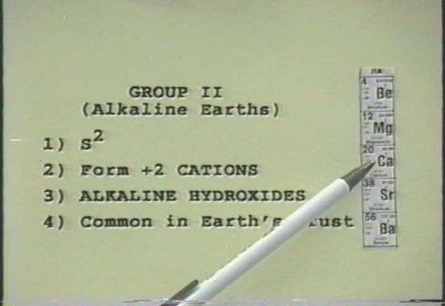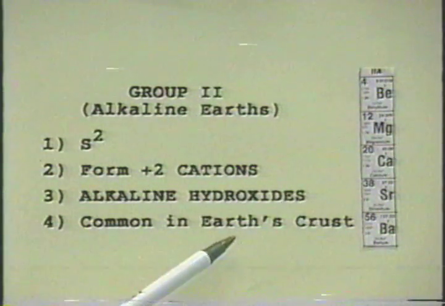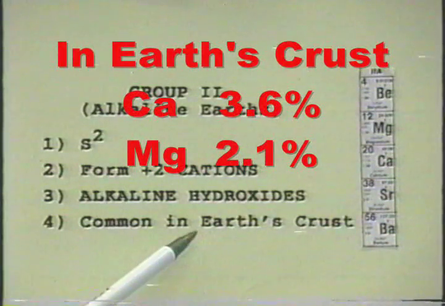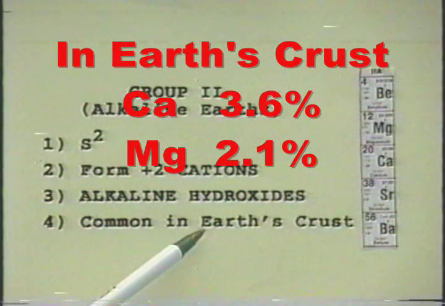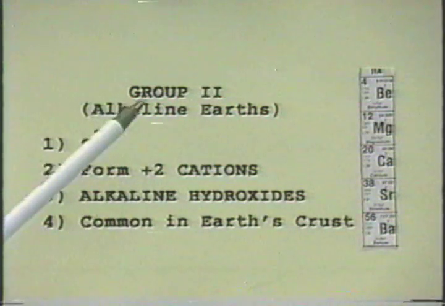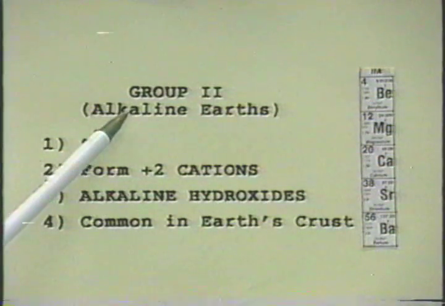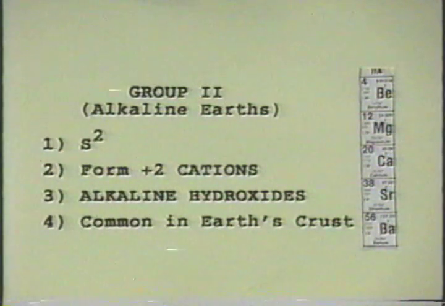Magnesium and calcium are particularly common in the Earth's crust, and they form minerals such as dolomite, feldspars, and of course limestone. Now, because of these last 2, the elements in group 2 are frequently referred to as the alkaline earths. Now, these are some of the similarities.